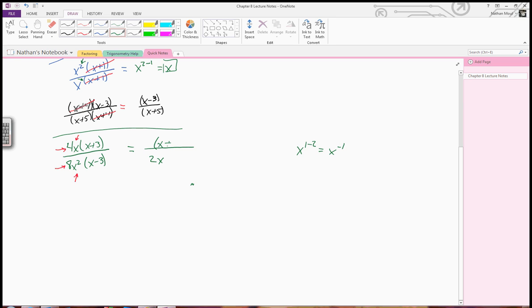And then of course we have our x plus 3, which we can't do anything about, and our x minus 3, which is kind of coming along for the ride. And this is as far as you could actually get this thing to go down before you would perform any actions on it.